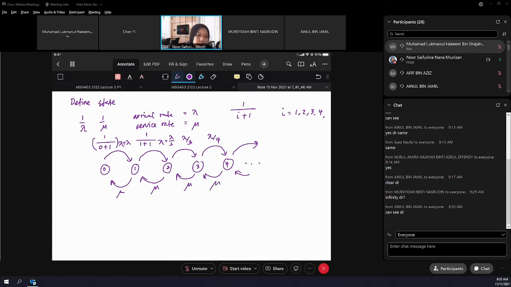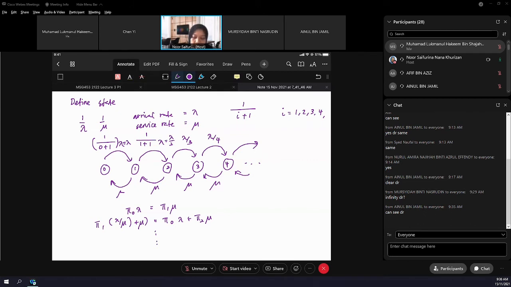Next, you write down your rate in equals rate out. The first equation you should have is pi naught lambda equals pi 1 mu. And the second equation, pi 1, you can factorize, lambda plus mu equals pi naught lambda plus pi 2 mu, and so on, like your general birth death.